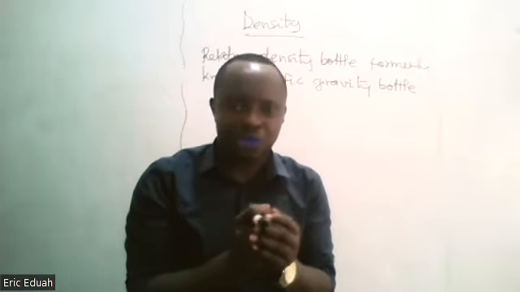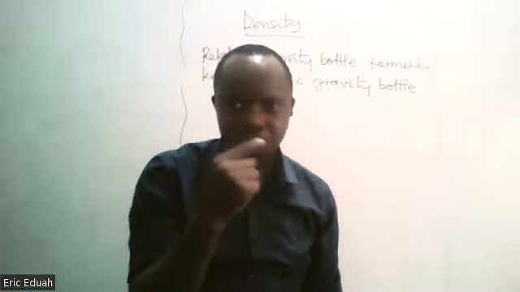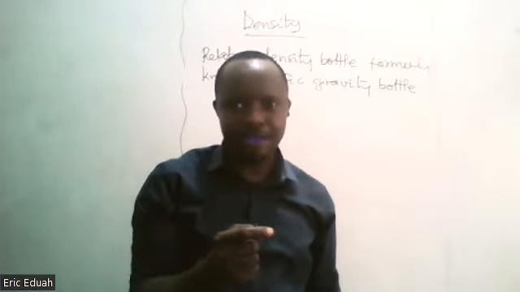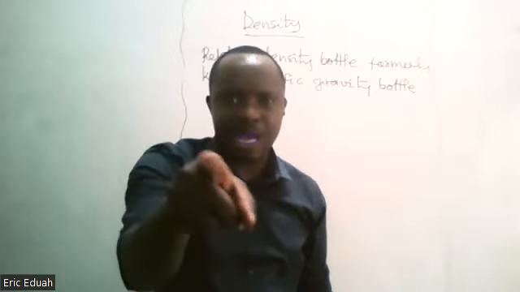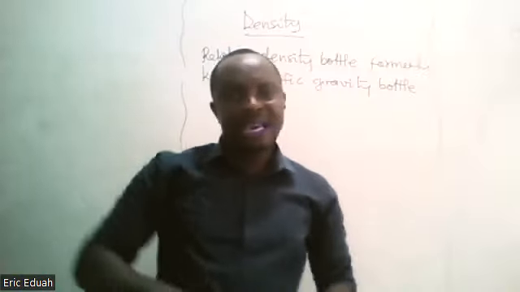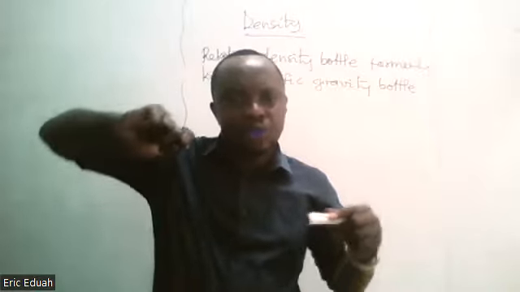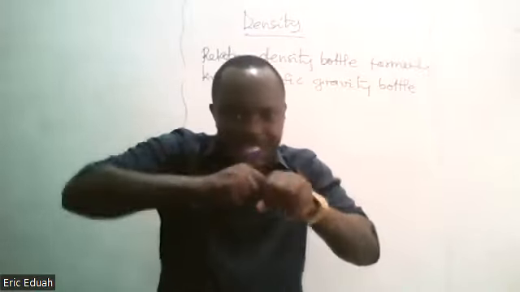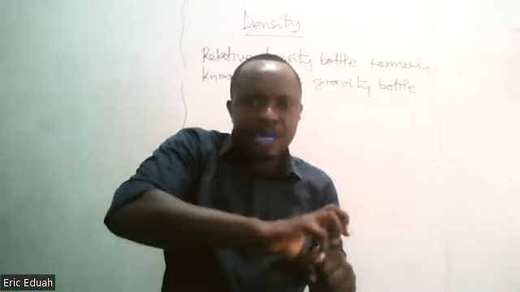When you come to school, remind me to show you the relative density bottle, and you'll be amazed at how tiny it is, and yet it bears this lengthy name. Its fine property is that it has a stopper which fits into it and closes it very well so that there wouldn't be any leakage.